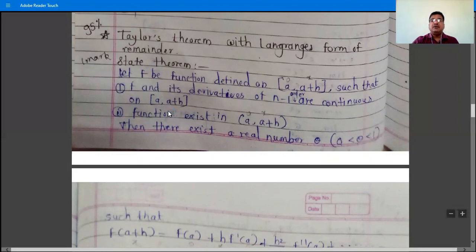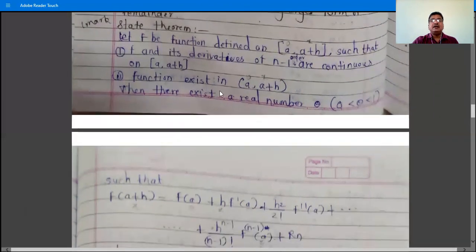Let f be a function defined on the closed interval [a, a plus h], such that f and its derivatives up to the (n minus 1)th order are continuous on the closed interval [a, a plus h], and the nth derivative exists in the open interval (a, a plus h).